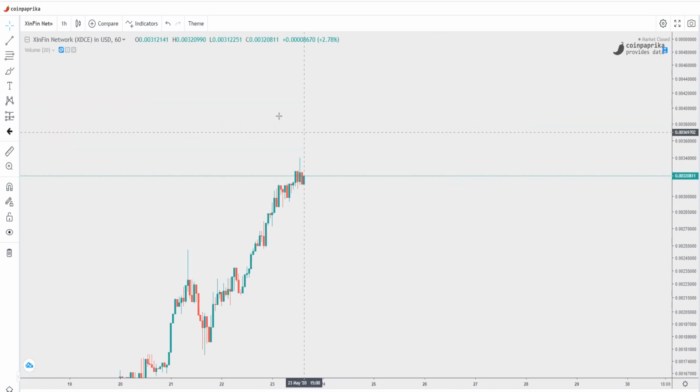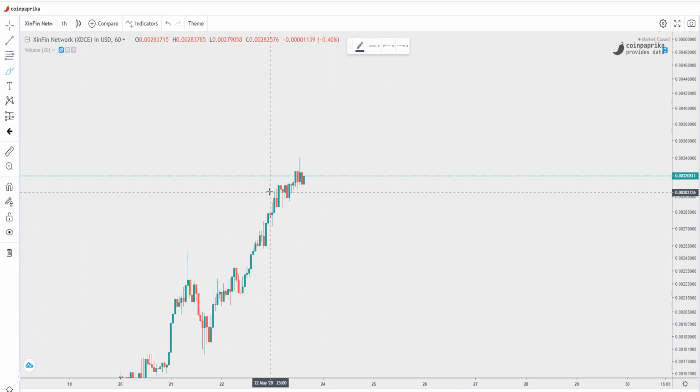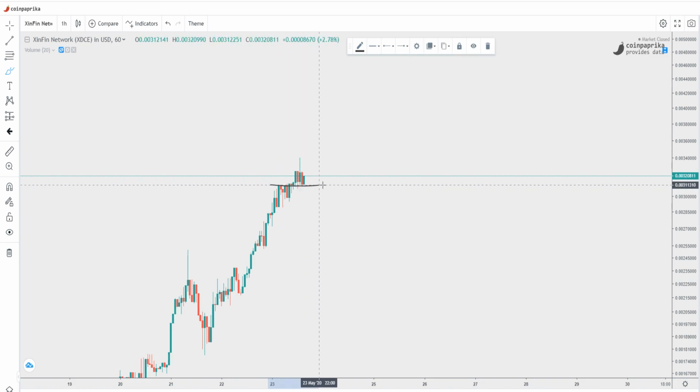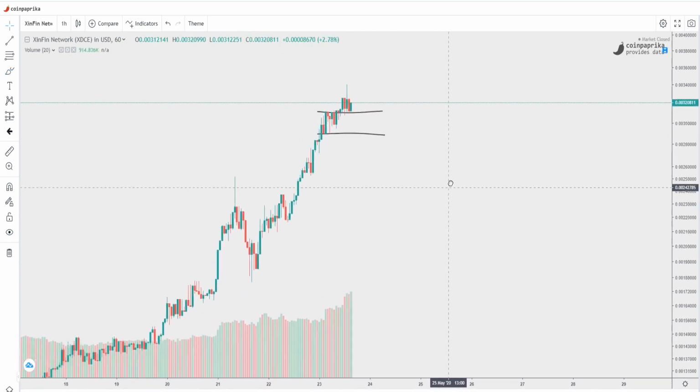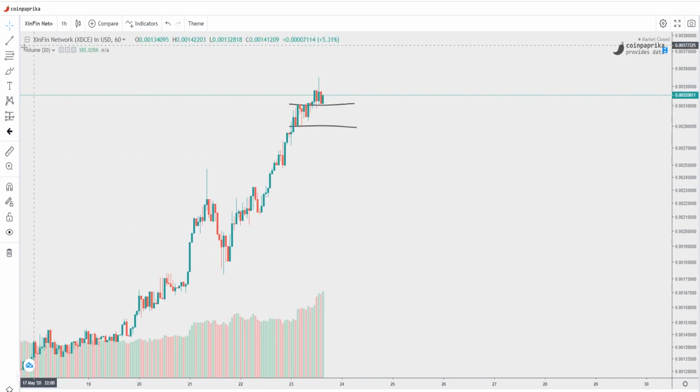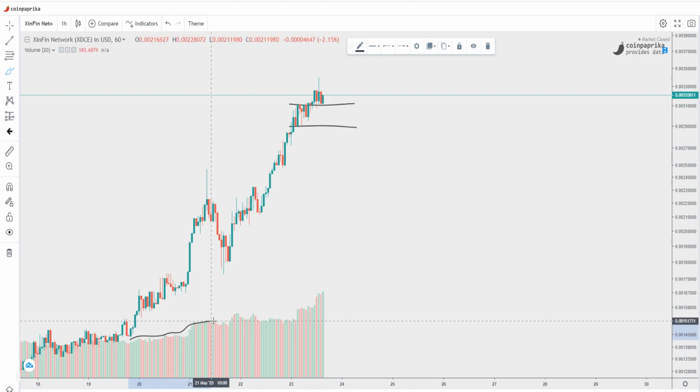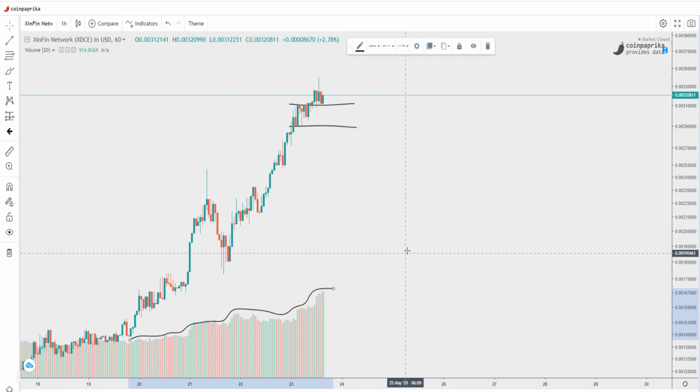Okay, so here, this was a small tightening pattern that led to this continuation. We still have rising volume, which is amazing, okay?